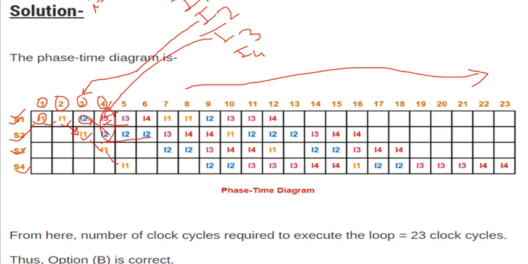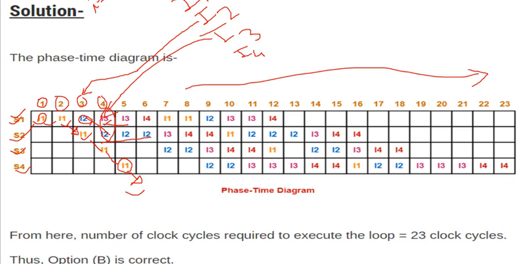Because I1 requires only one clock in S3, it will move to S4 in the fifth clock, and after this I1 will finish its execution. So after the fifth clock, I1 will be out of the pipeline. I1 has completed its execution.